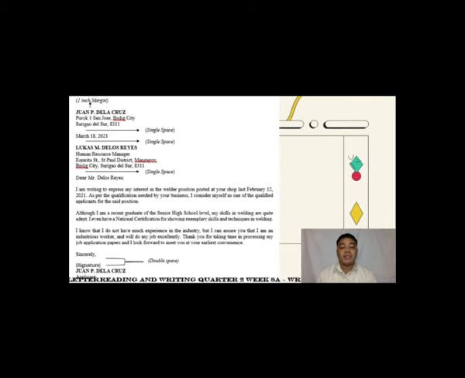Okay? Because that is a space given for the signature of the applicant. Remember that it is double space because it is the space given for the signature of the applicant.